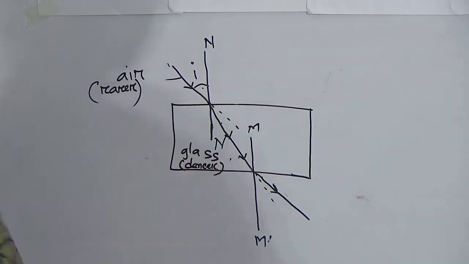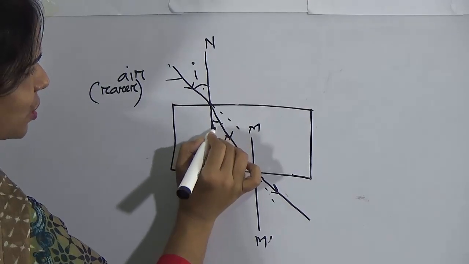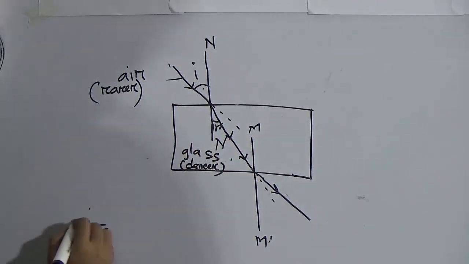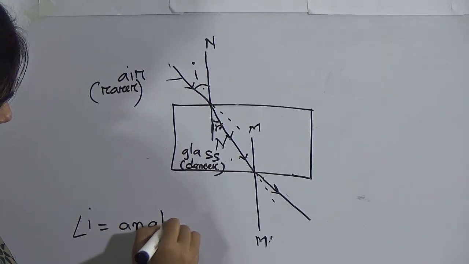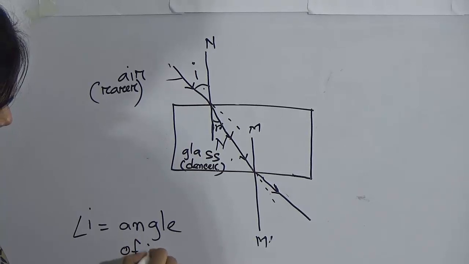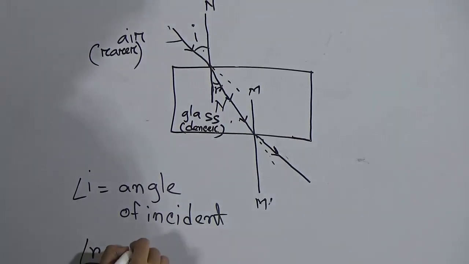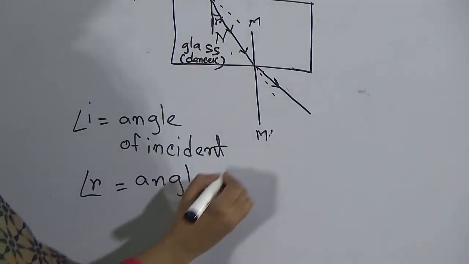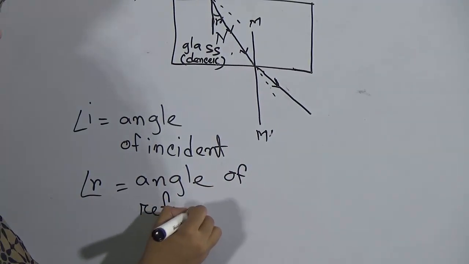This angle is known as the angle of refraction. I is the angle of incidence, R is the angle of refraction.